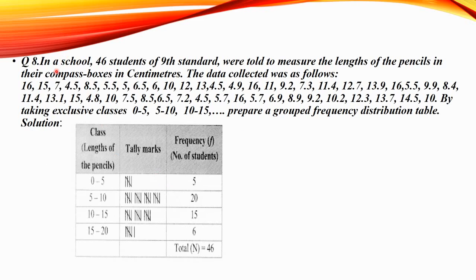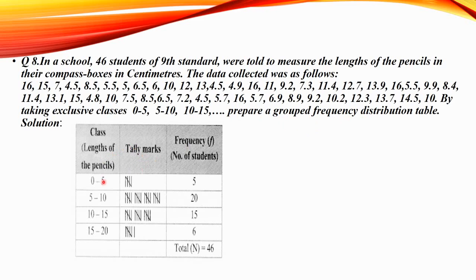In a school, 46 students of standard 9 were told to measure the length of the pencils in their compass boxes in centimeters. The data collected are as given below. We have to find the exclusive classes with frequency, that is 0 to 5, 5 to 10, 10 to 15. We have to prepare a grouped frequency distribution table using tally marks.